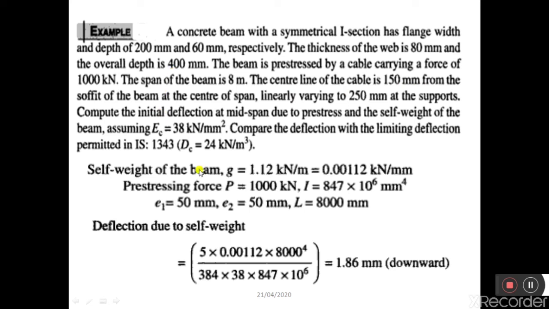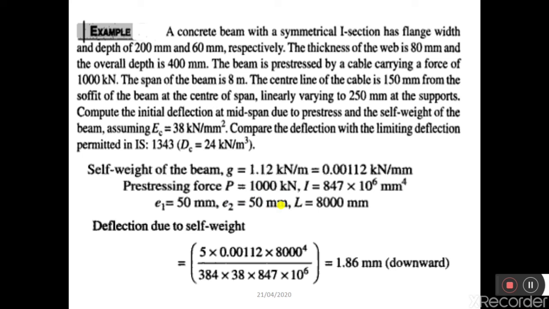That means the distance from CG to soffit is 200 mm and the cable is placed at 150 mm from the soffit, and therefore the cable is having an eccentricity of 50 mm below the centroidal axis, and the cable linearly varies to 250 mm at the support with respect to the soffit. So 250 mm with respect to soffit means e2 will be plus 50 mm, because e2 will be above the centroidal axis.